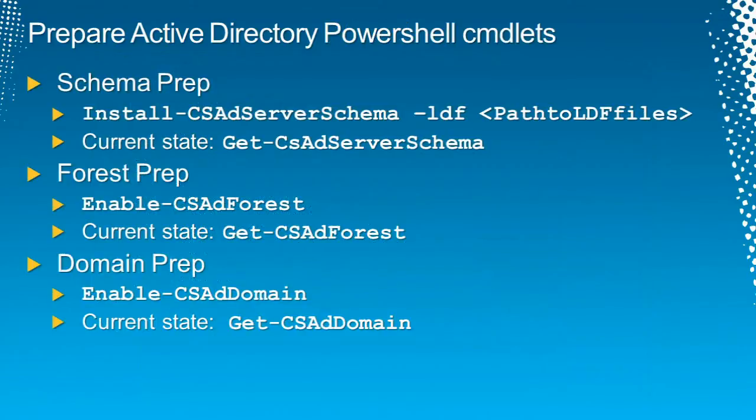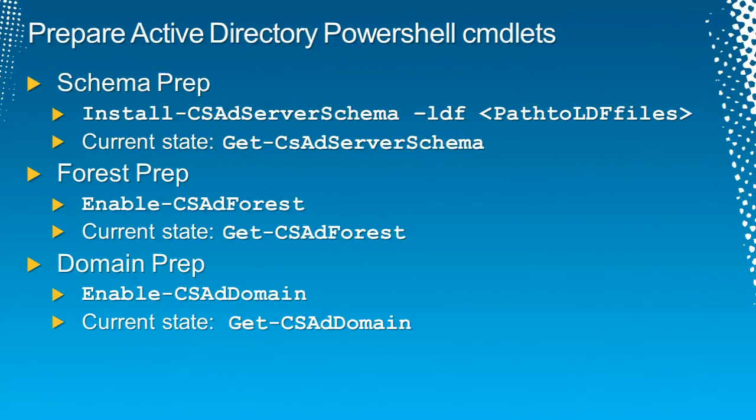Now, what you're seeing here, again, is something which we have now made completely transparent in Lync Server 2010. It's all driven by commandlets. All our UI does is run commandlets under the hood. So you can run these commandlets separately. For each commandlet, typically we have a set and get, or we have an install and get.